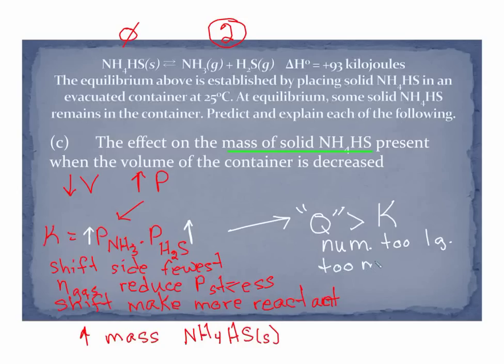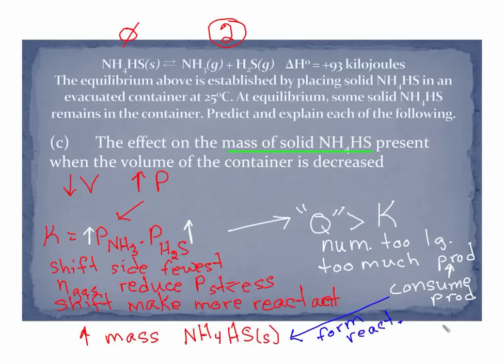And since my numerator has the product, it means I have too much product. So to get back to K, I need to consume my product and form reactant. And so we get the same conclusion. So a couple of ways you can justify that stress.